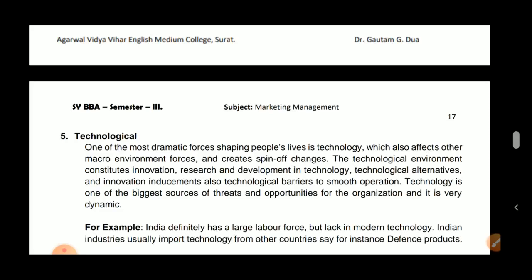Technological environment also plays a very important role, because sometimes, listen to this very carefully students, there is a technology available with a company, but people might not be ready to accept that kind of technology, or they might not be able to pay for it. For example, Japanese people are highly tech oriented, and their mobile phones and entire social system are highly technologically advanced.